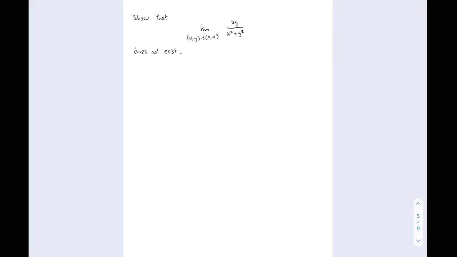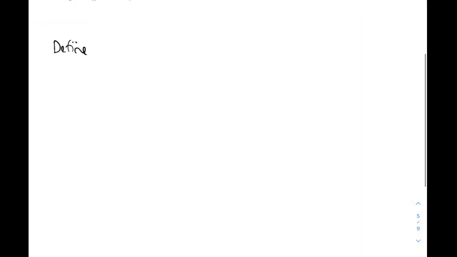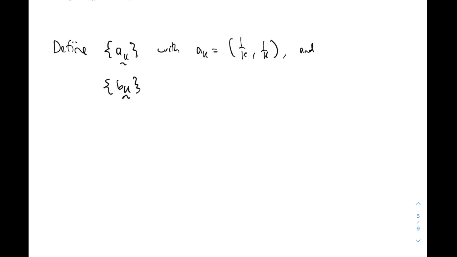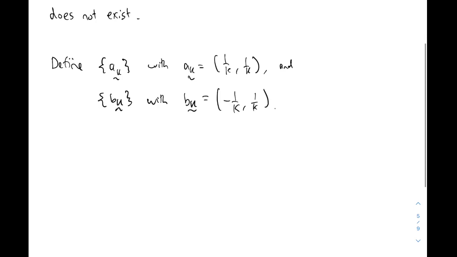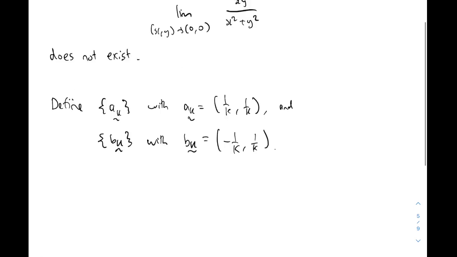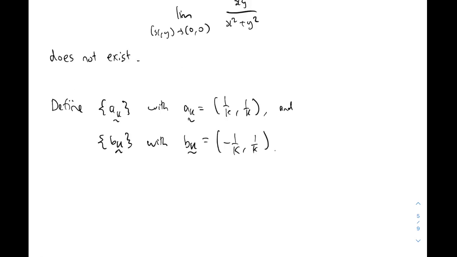Let's define a_k equals (1/k, 1/k), and another sequence, b_k, with b_k equals (-1/k, 1/k). Okay, before the next step, we just have to do a brief check that these sequences actually go to (0, 0) as k goes to infinity, but it's very clear in this example.